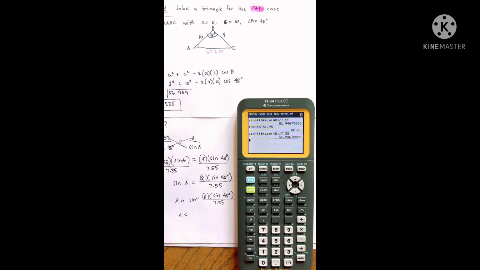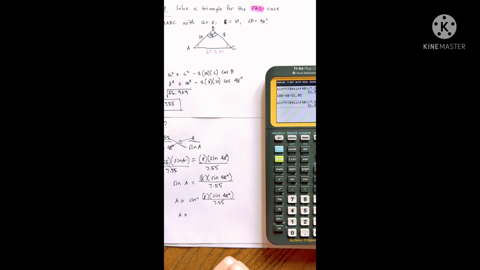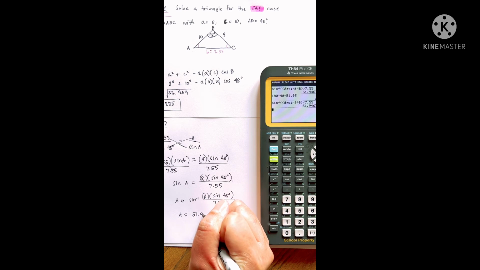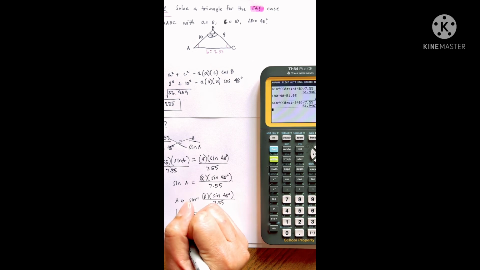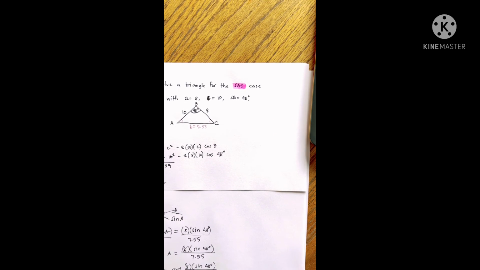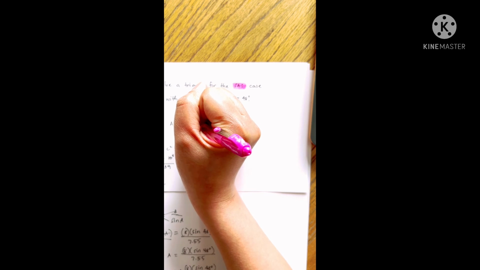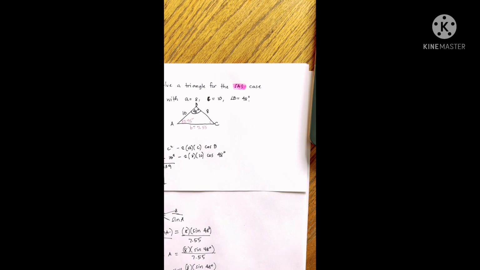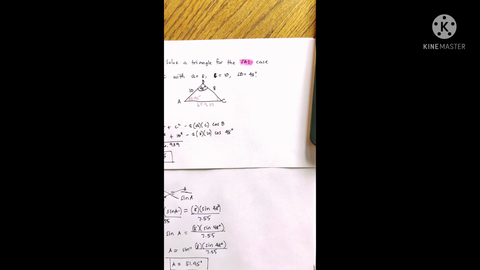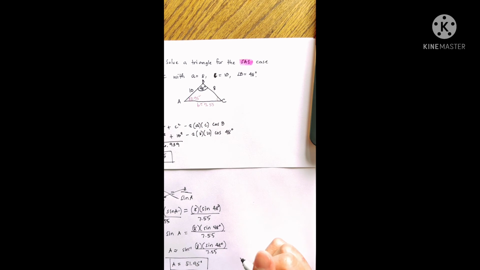So that is 51.95. So A is about 51.95 degrees. Right, so let's write A in here, 51.95 degrees.